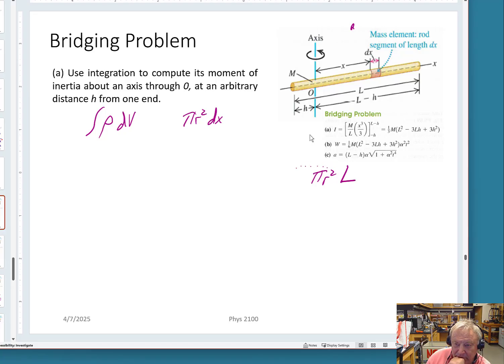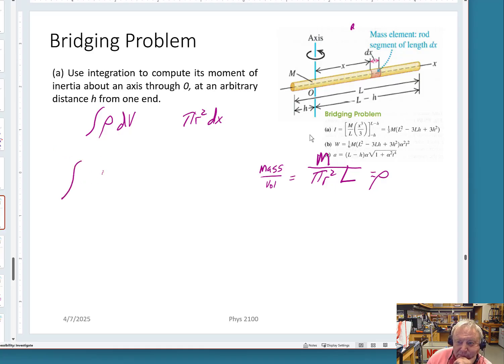And let's see, density is mass divided by volume, so then that's going to be capital M, they're calling it. So that's going to be our rho, and that's our dV.